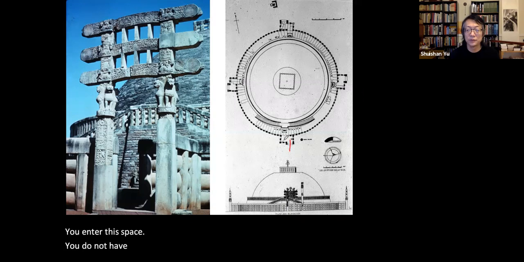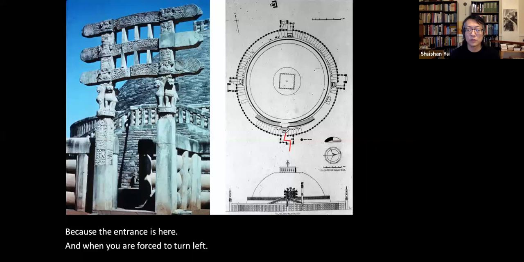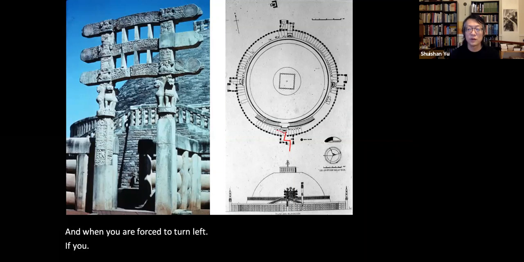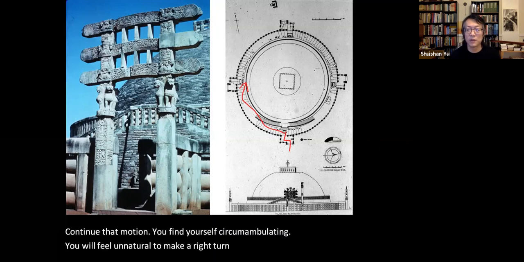Take a left turn because the entrance is here. And when you are forced to turn left, if you continue that motion, you find yourself circumambulating clockwise. You will feel it unnatural to make a right turn here to circumambulate it counterclockwise.